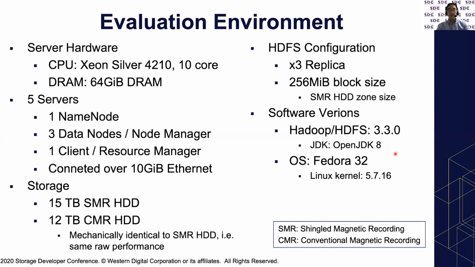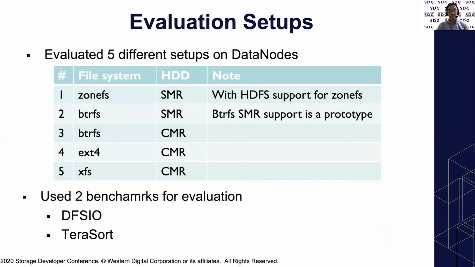For operating system, I used the latest Fedora 32 and the stable kernel 5.7. To understand the performance of zonefs on top of SMR HDD, I compared performance with other file systems and CMR HDD.